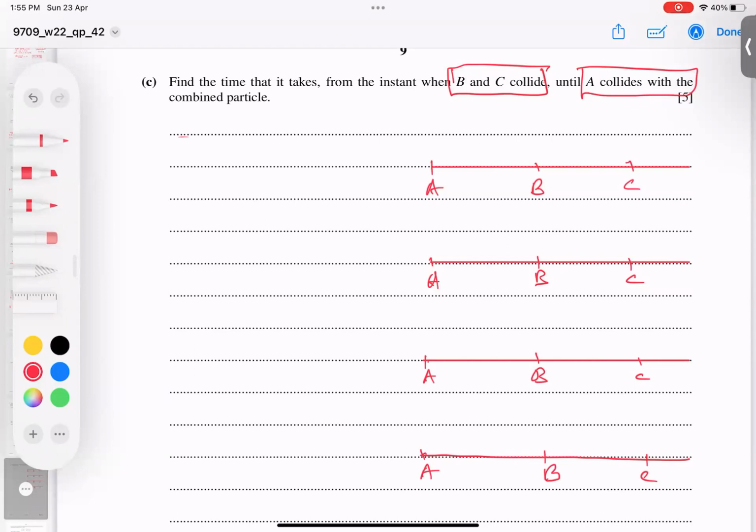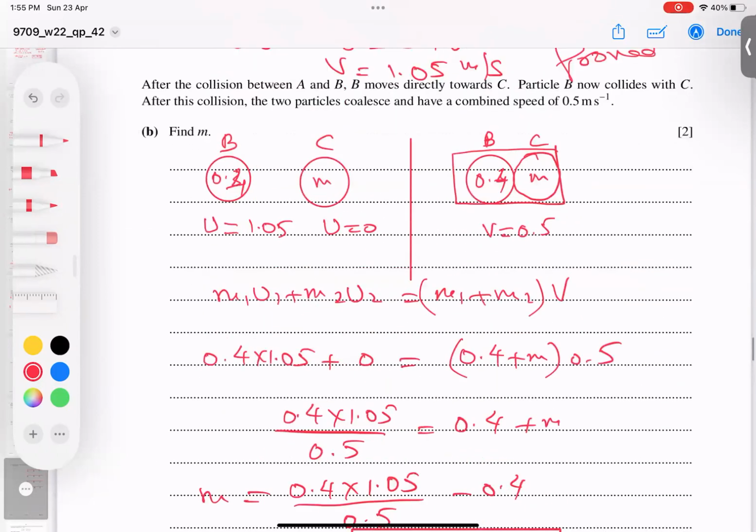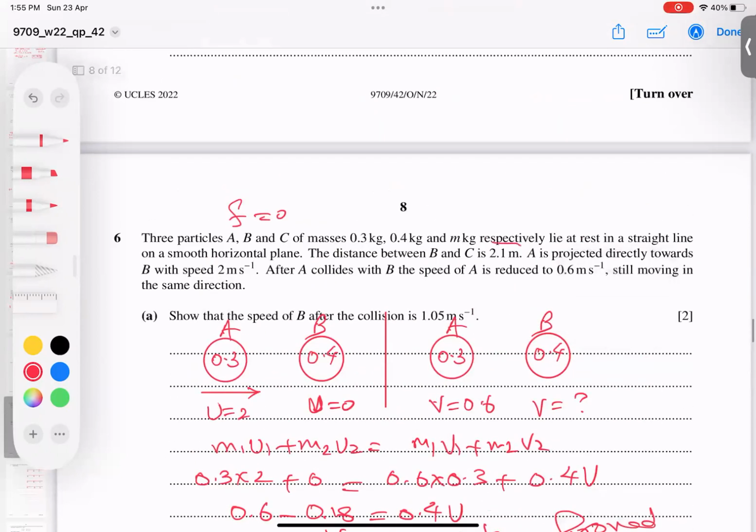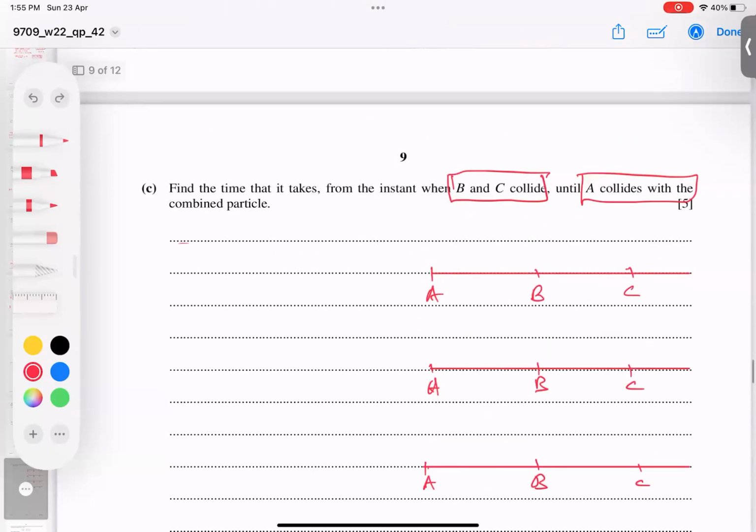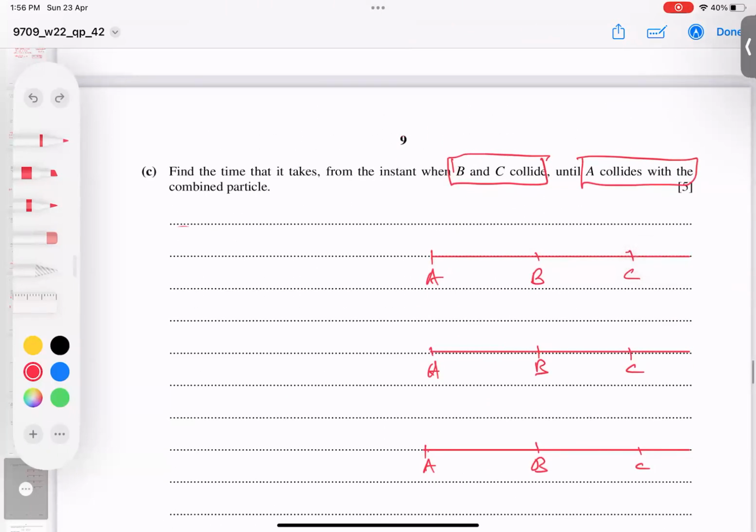Anyway, in the beginning, the BC distance is given as 2.1. So make sure S is equal to 2.1 meters from B till C. In the beginning, the A particle is here, the B particle is here, and the C particle is here.